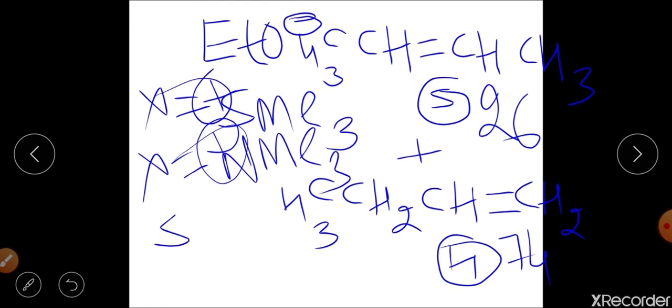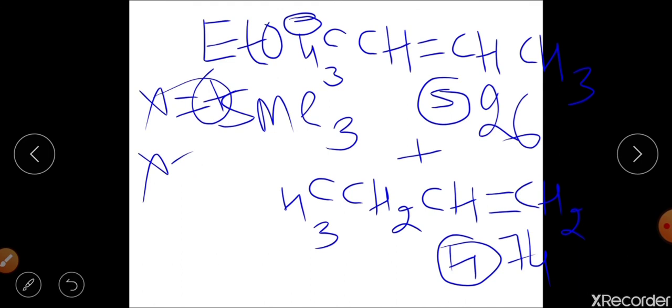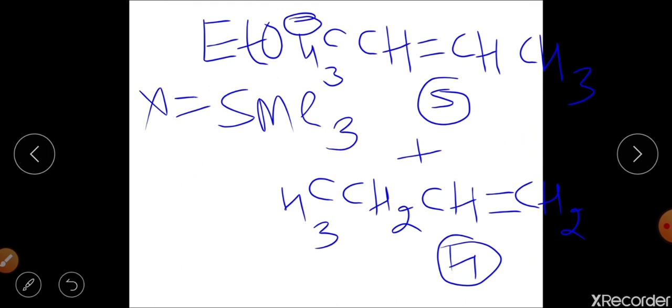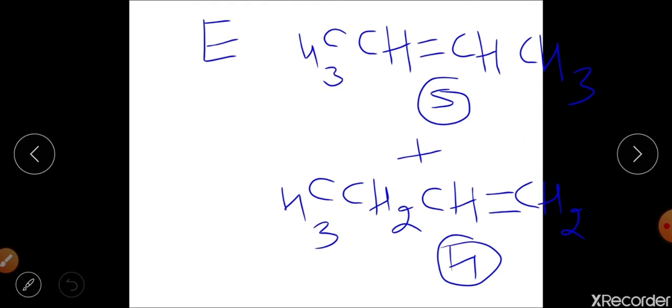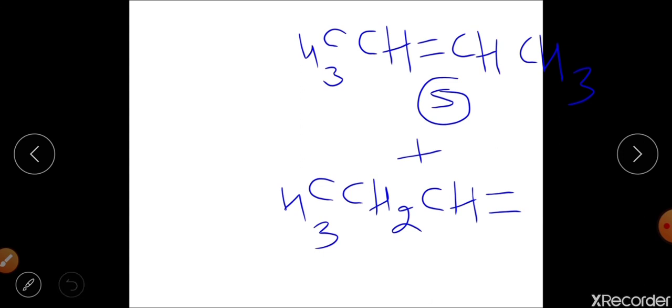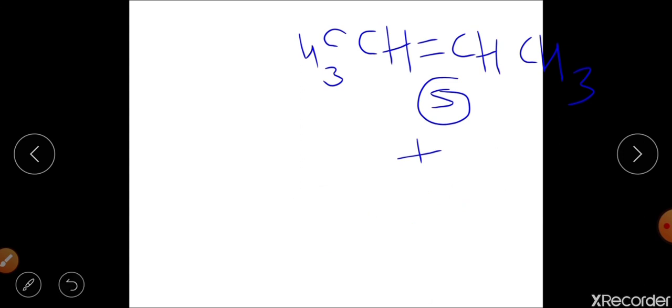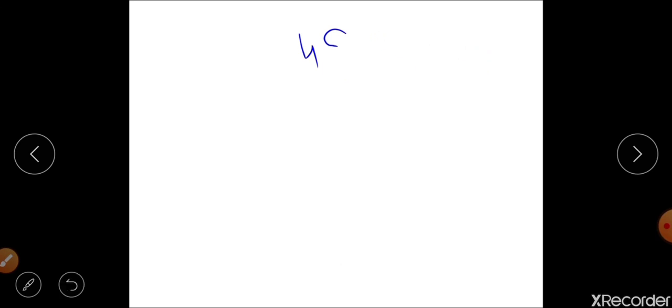Now one more example I want to write on the screen, that will show the effect of leaving group, and you can do it on your own. And what is that?